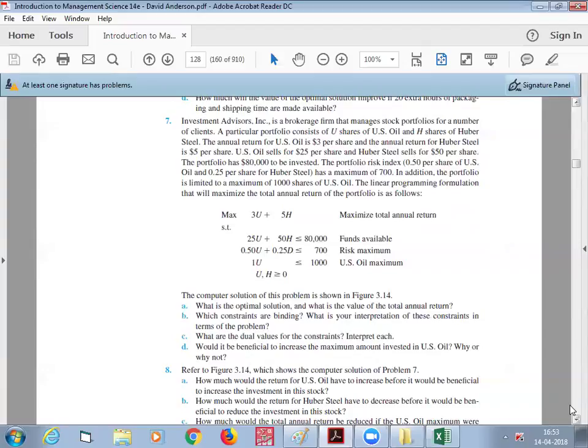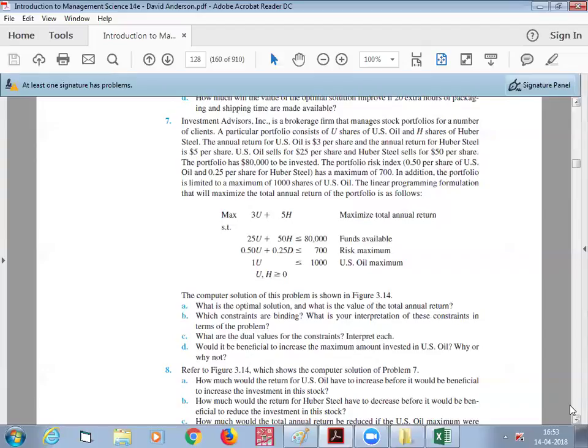The linear programming formulation is as follows. We're maximizing total return: maximize 3u plus 5h. The constraints are, first, the funds: 25u plus 50h, those are the prices, less than or equal to 80,000, the funds available.